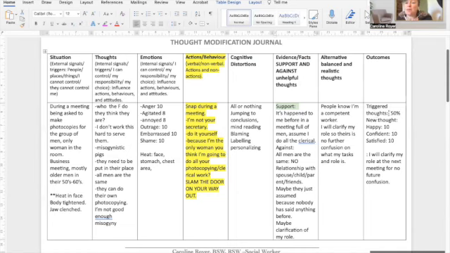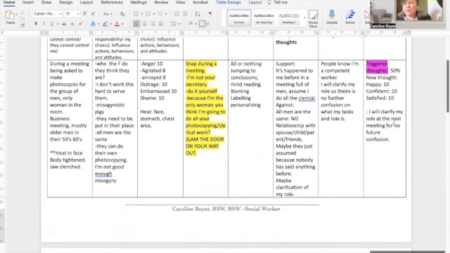But does it mean that it's not going to trigger me again? No, that doesn't mean that. It just means that I'm working on it. So at this point, I would say that I'm probably about 50% good right now. But in the future, it may still trigger me.